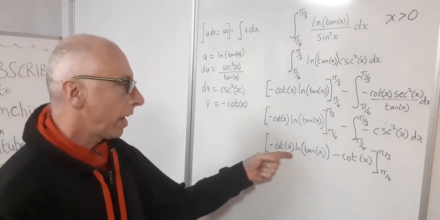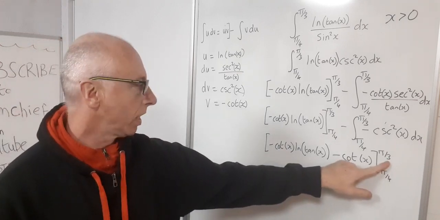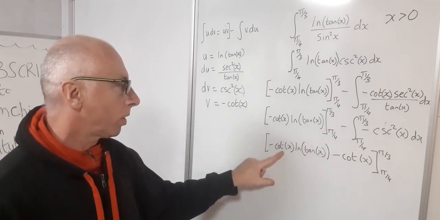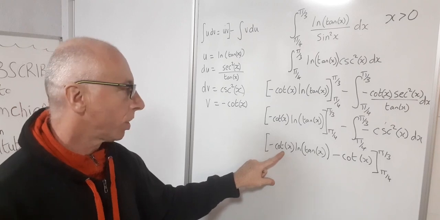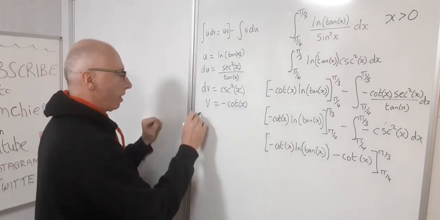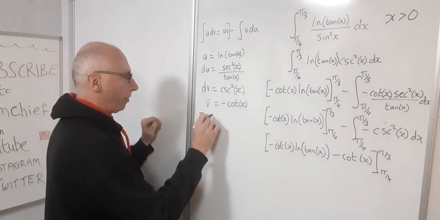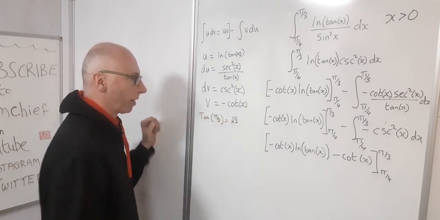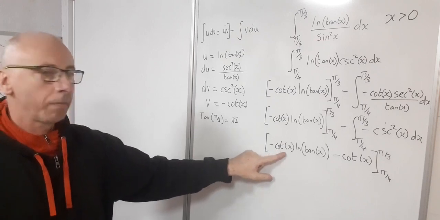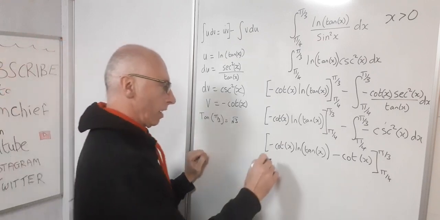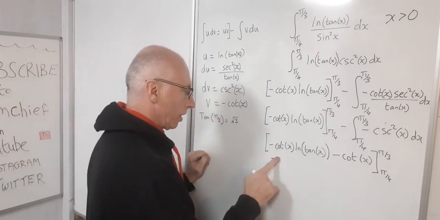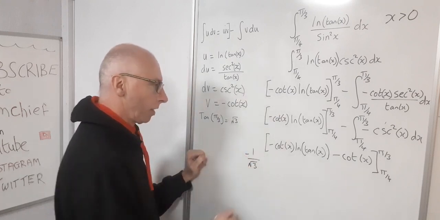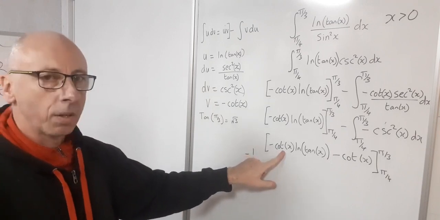So cotangent of x at pi over 3. What is that going to be? That's the reciprocal of the tangent function. Tangent of pi over 3, we know that is square root of 3, so this is simply the reciprocal of that. So now I've got minus 1 over square root of 3, that's the cotangent.